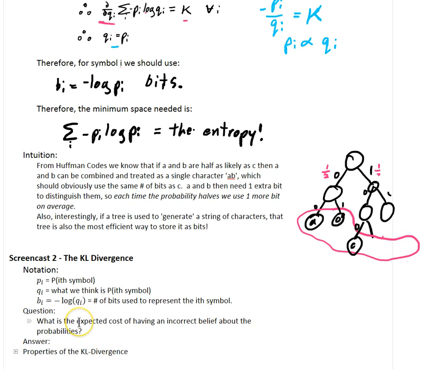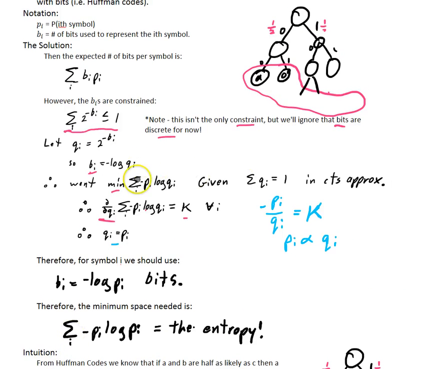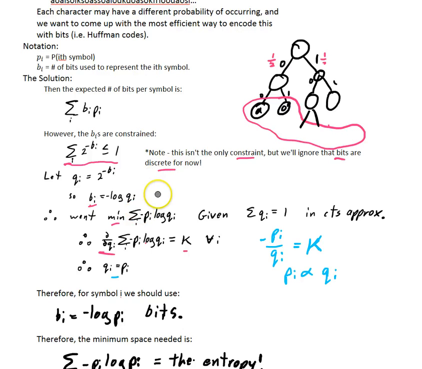Because sometimes we'll use too many or too few bits. And the answer is quite simple. So we found the minimum of this, and we found that q_i should be equal to p_i to minimize this. So the cost is just going to be the cost when we have the wrong value of q_i.